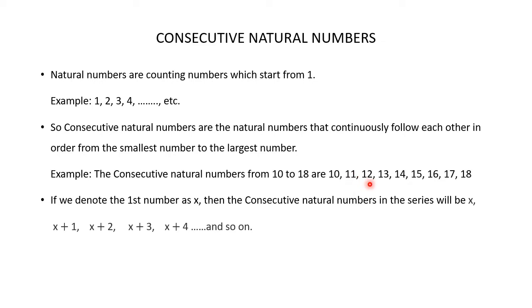The next number will be x plus 2, that is 10 plus 2, 12. The next number will be x plus 3, that is 10 plus 3, 13. The next number in the series will be x plus 4, that is 10 plus 4, 14, and so on.